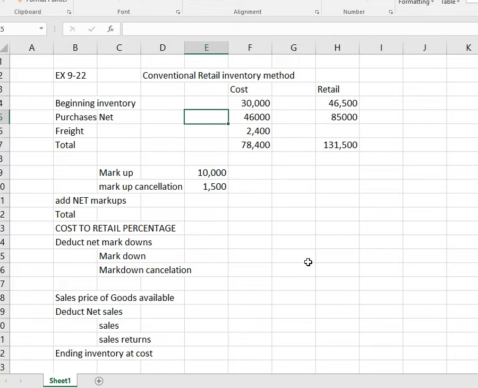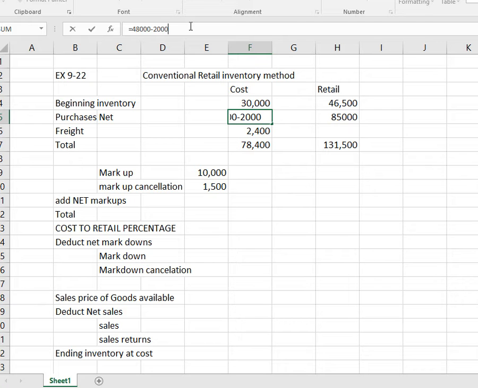We buy some things and we return some. Maybe it's not what we wanted, and we needed to return it. When we return items, we really don't have them in inventory, and we can't sell them. So this is a net number, and I put that in since purchases are at cost, so we're 48,000 minus purchase returns at cost of 2,000 here.